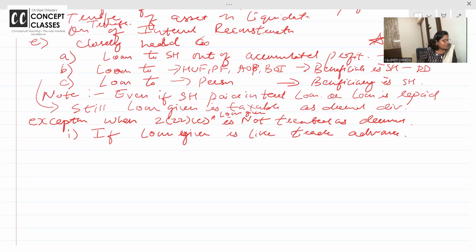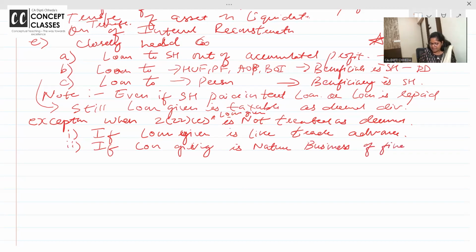If loan given is treated as trade advance, or if loan giving is natural business of a finance company.